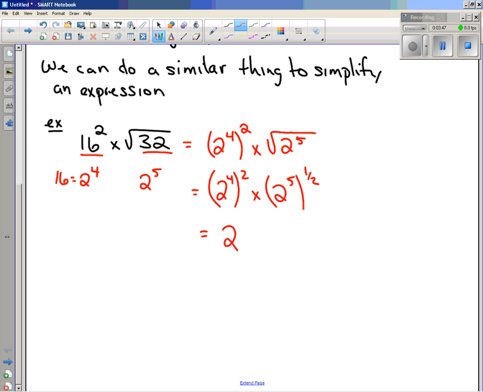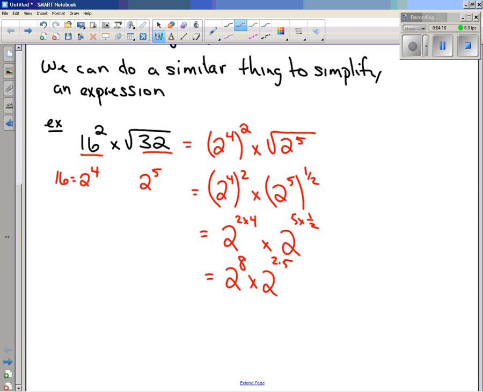So that'd be 2 to the power 2 times 4 times 2 to the power 5 times 1/2. Well, 2 times 4 is 8, so that's 2 to the power 8 times 2 to the power 2.5 if we want. You keep it as a fraction if you want to as well.